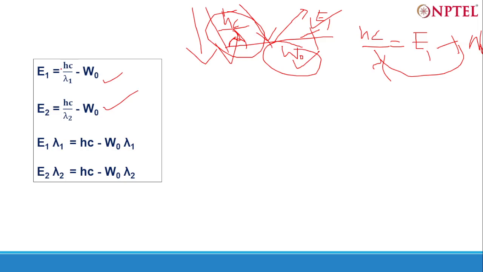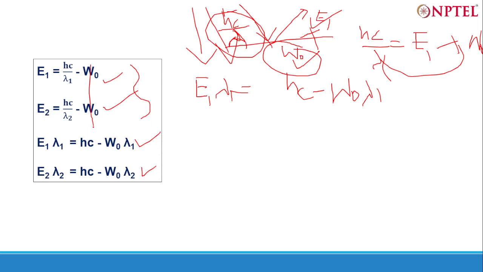So what we do is we take hc common. E1 equals hc upon lambda 1 minus W naught. That's how this equation and this equation are obtained. When you solve these two equations, you eliminate the W naught. How can you solve it?